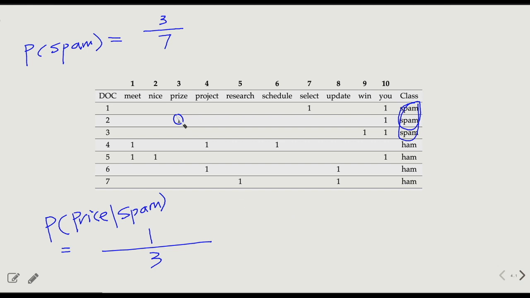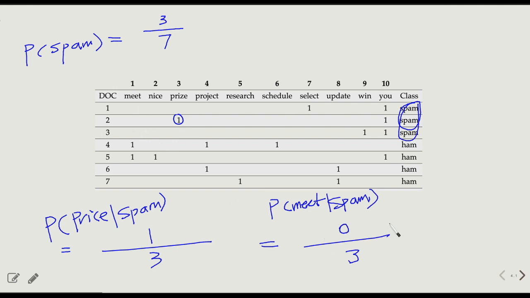We can do the same thing for terms such as meet, right? How likely are you going to see the term meet if it's a spam email? Out of the 3 spam emails, none of the emails contains the term meet, and so it's going to be 0.